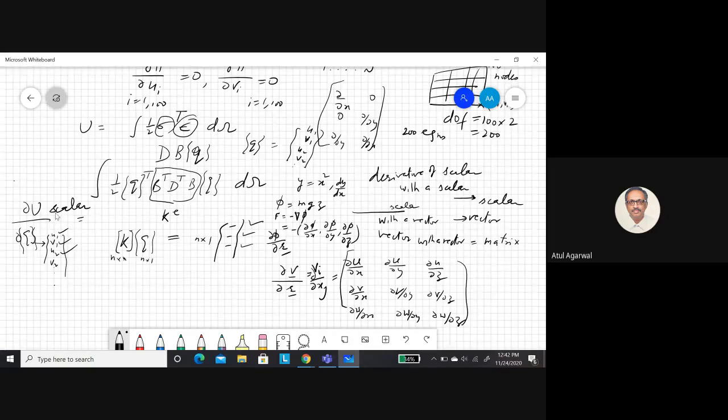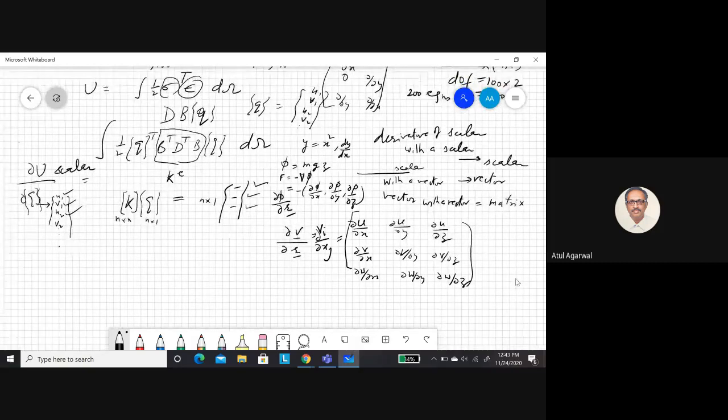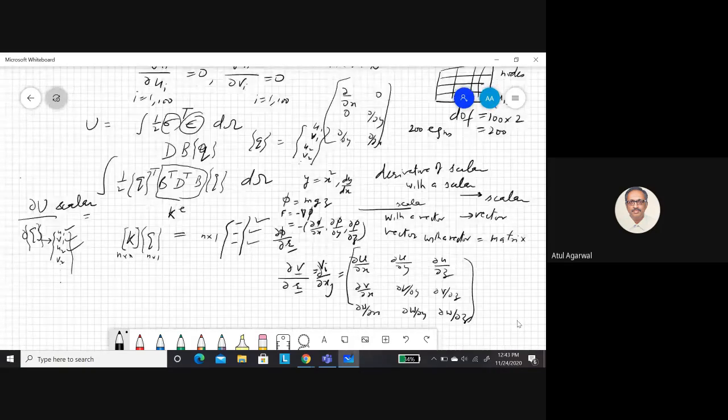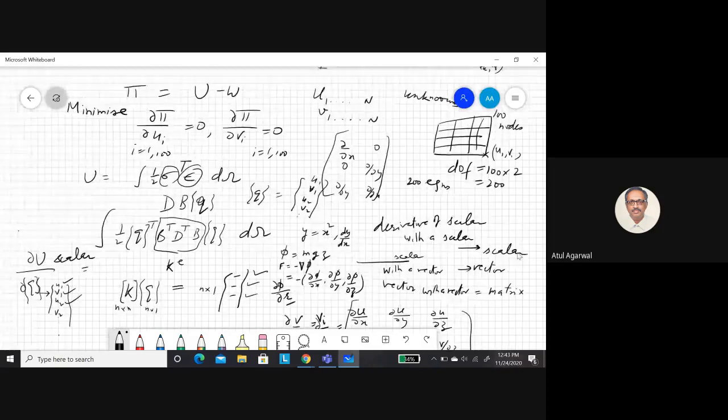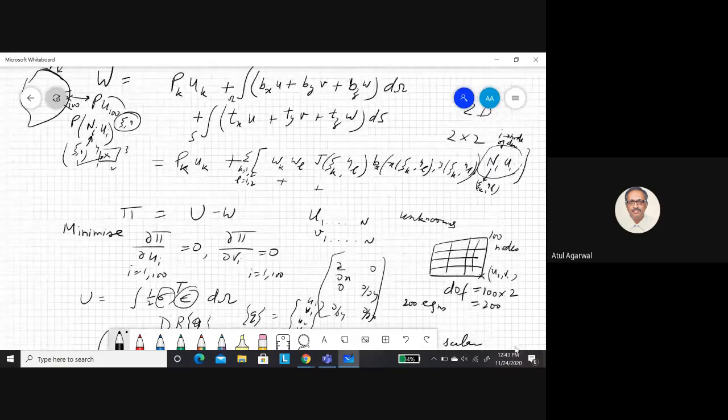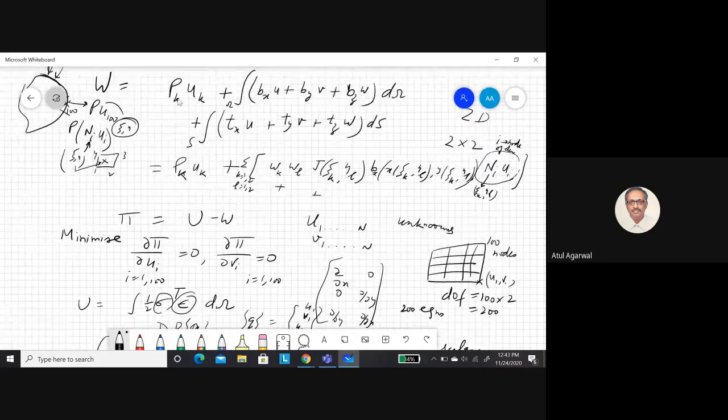So this is very important for us. You are taking derivative of this potential energy with respect to a vector, and your answer has to be a vector, which you are getting. So this trick you will do with everything. Now you want to take derivative of this term. So derivative of this term with respect to uk will be pk. So you'll find somewhere here corresponding to k you are having pk.